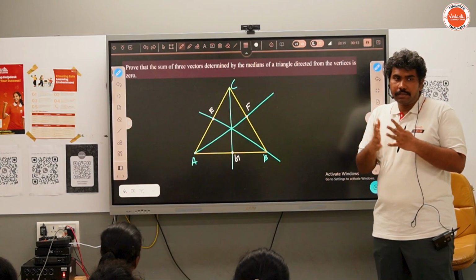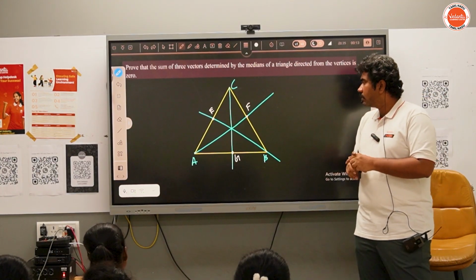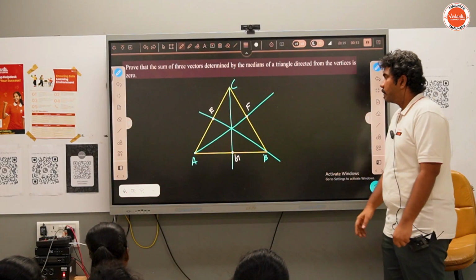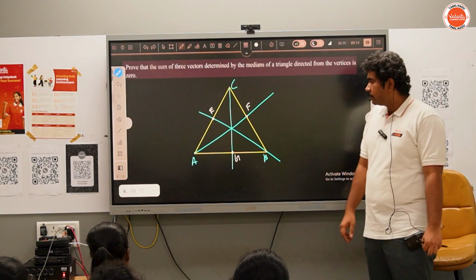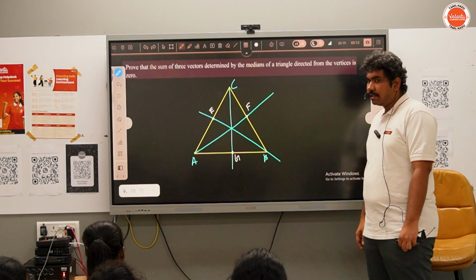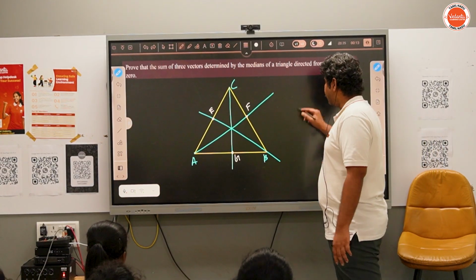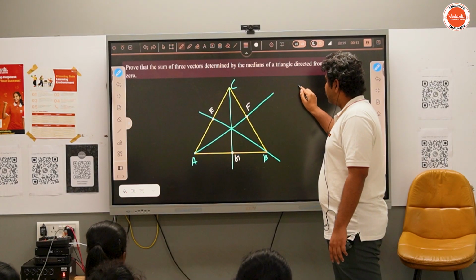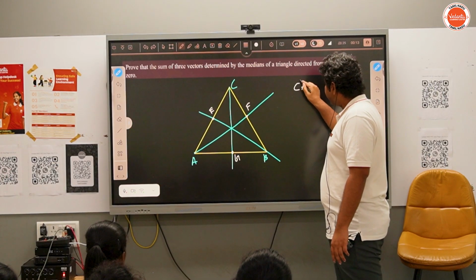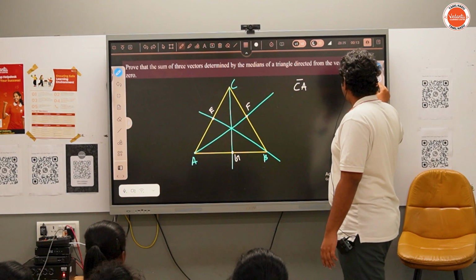In terms of vectors. CA plus CB is equal to CG. So it's not that CA vector. Okay, we will just make the vectors first.